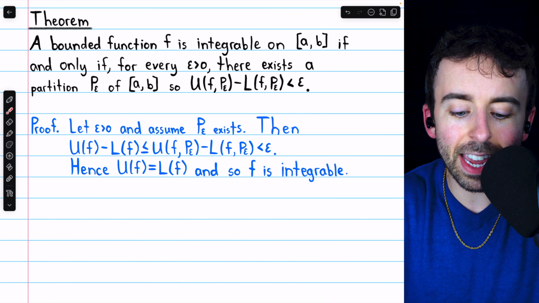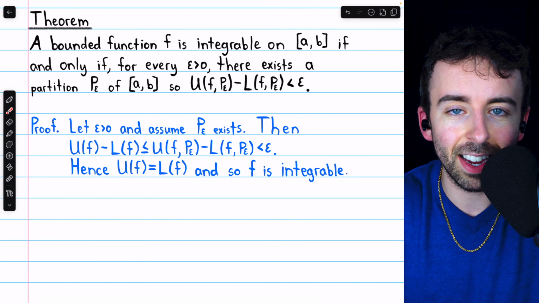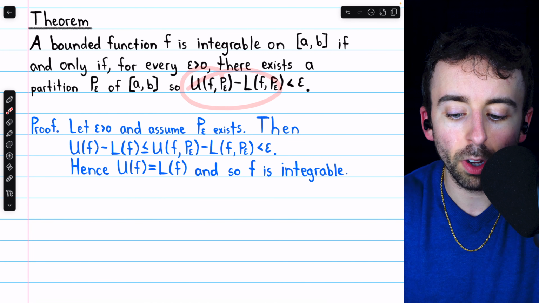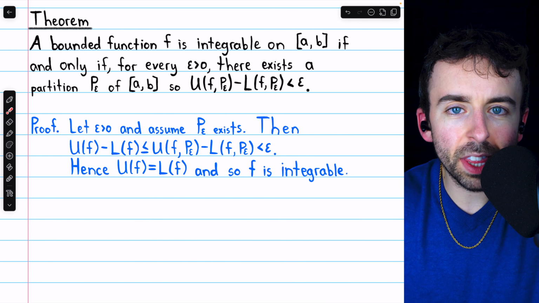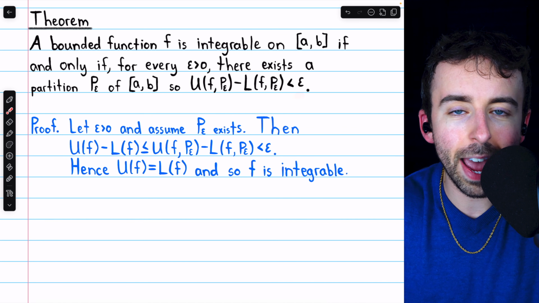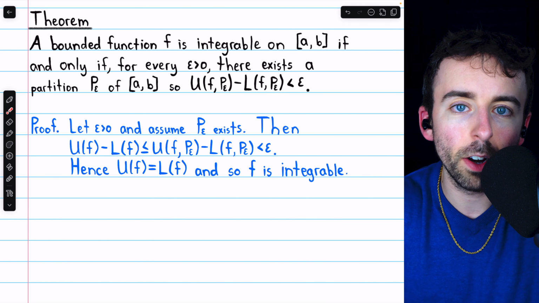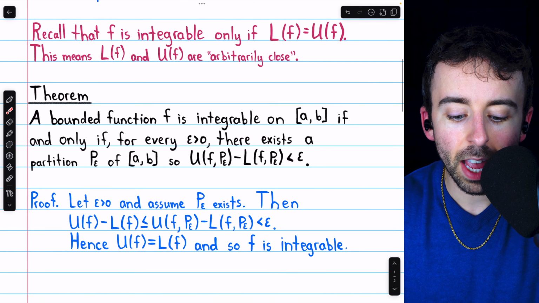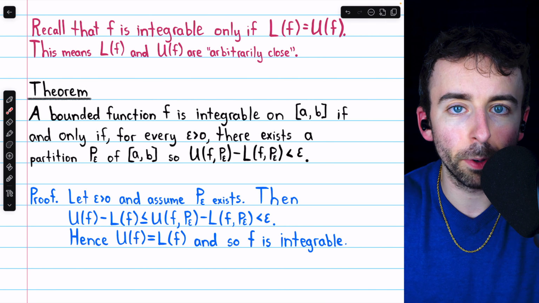So we'll begin by taking epsilon greater than 0, and first assuming that this partition P epsilon exists. This is a partition of that interval from a to b, so that the upper and lower sums with respect to that partition, P epsilon, are within epsilon of each other. But then, if we know there's this partition where the upper and lower sums are less than epsilon away, then certainly the upper and lower integrals are also less than epsilon away from each other. Because again, the upper integral is an infimum of upper sums. That means the upper integral, if anything, is going to be less than this particular upper sum.